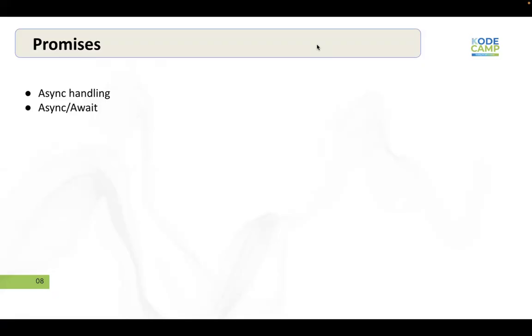Promise.race resolves or rejects with the first promise that settles, whether the promise failed or succeeded. Promise.resolve creates a resolved promise, and Promise.reject creates a rejected promise.